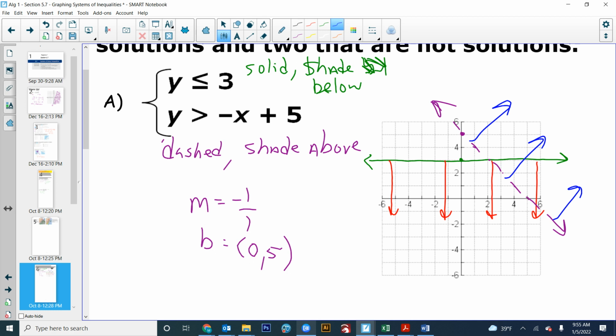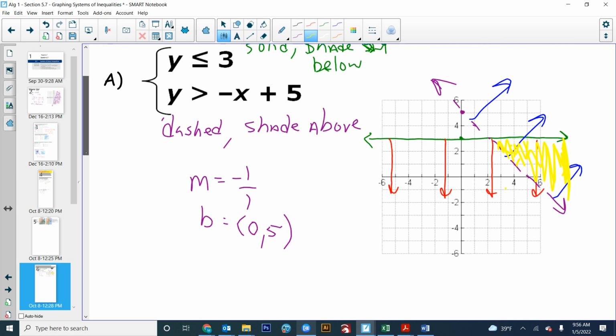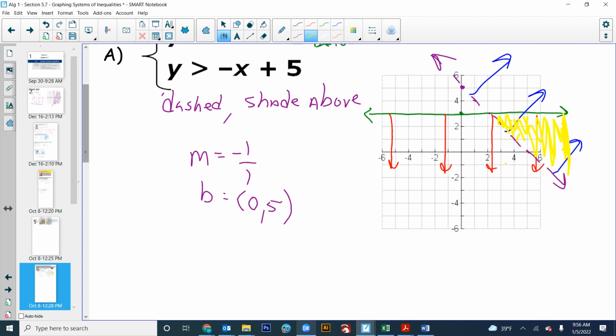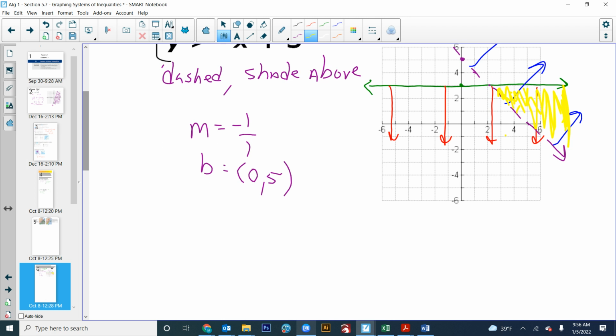What part of that graph is above the purple line but below the green one? You guys see that little slice on the right there? Okay. That's the only thing that we care about. Now, I want you guys to be able to see this. There's one other thing you're going to have to be able to do on something like this.